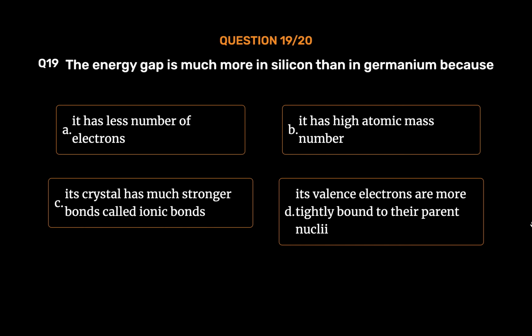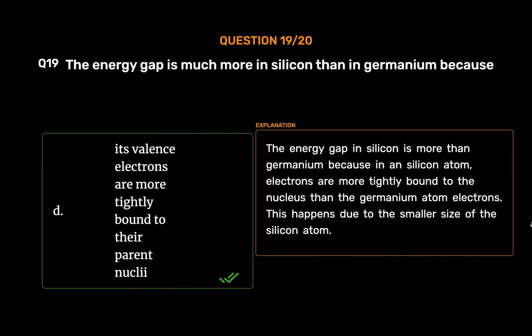The correct answer is option D. The energy gap in silicon is more than germanium because in the silicon atom, electrons are more tightly bound to the nucleus than the germanium atom electrons. This happens due to the smaller size of the silicon atom.